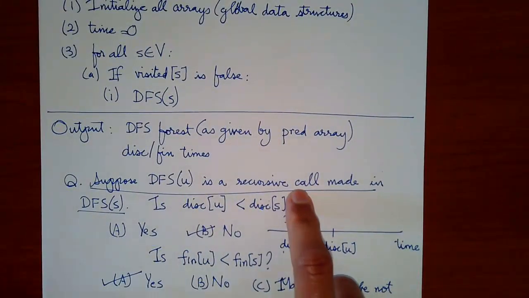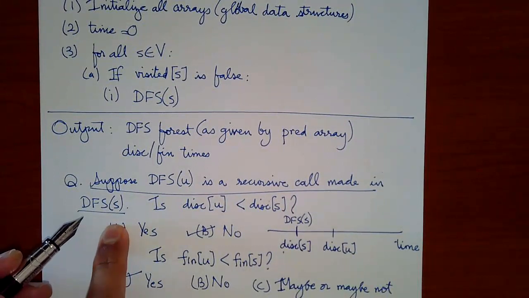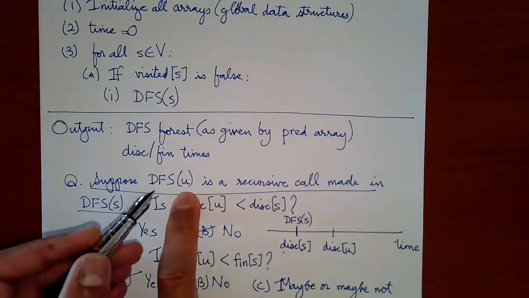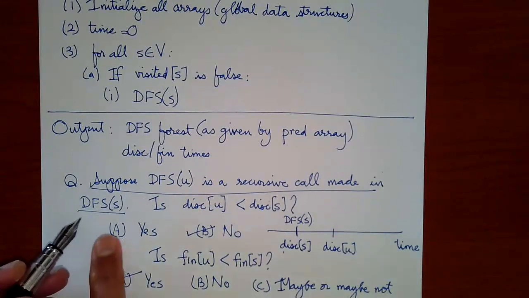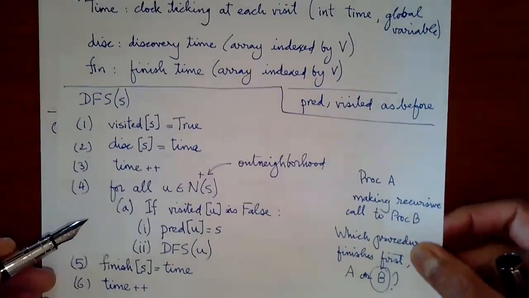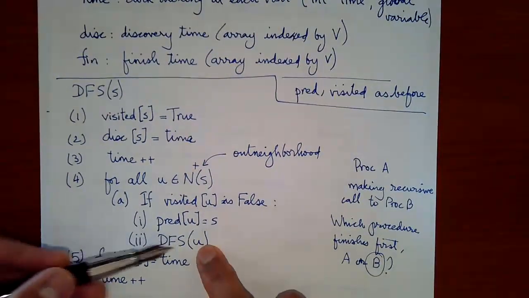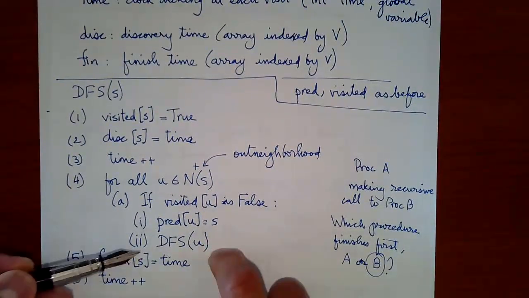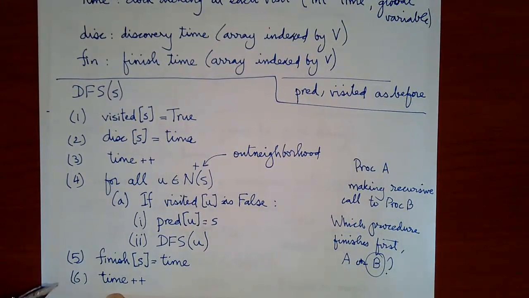And it's the same argument here. DFSU is a recursive call made in DFS of S. So if DFSU has not finished, then obviously DFS of S cannot finish. If you look at the code over here, DFSU has to finish first before DFS S can finish.